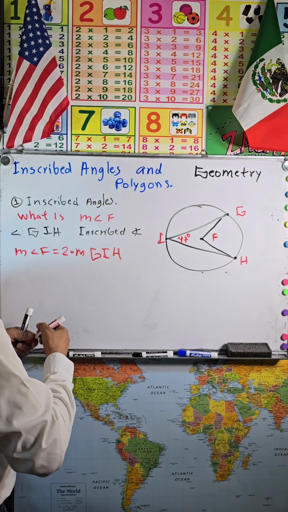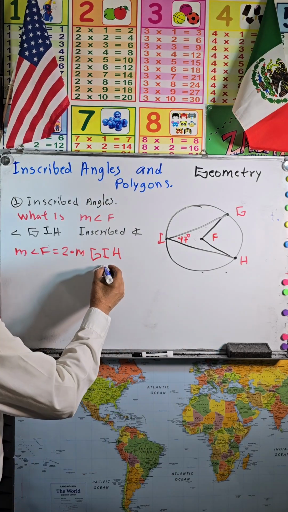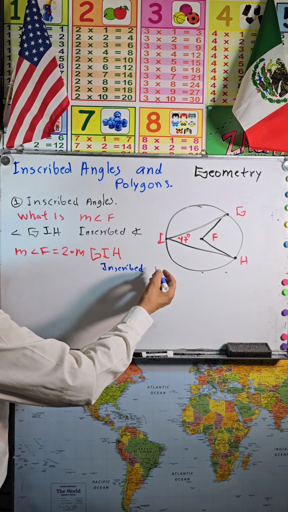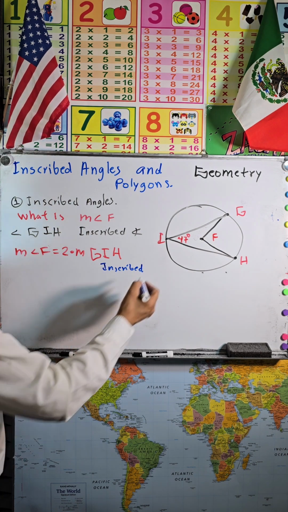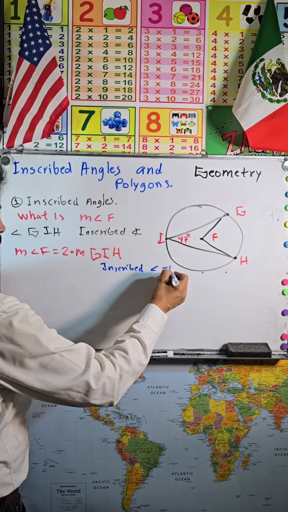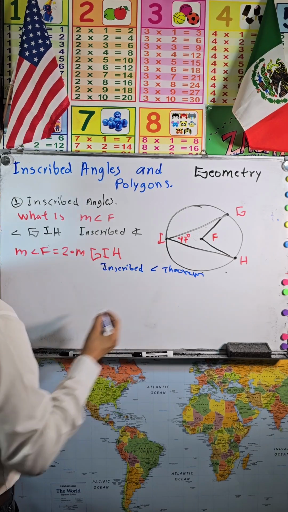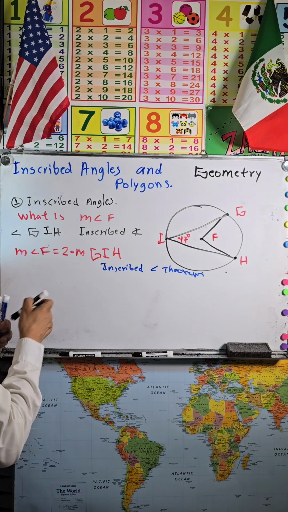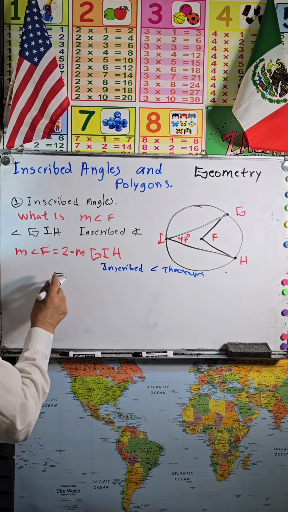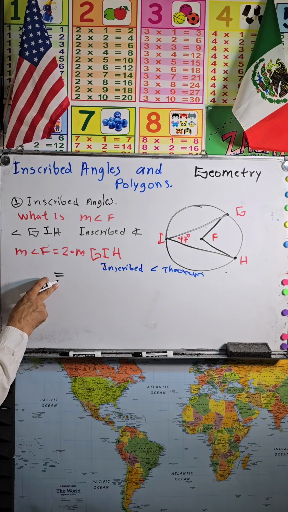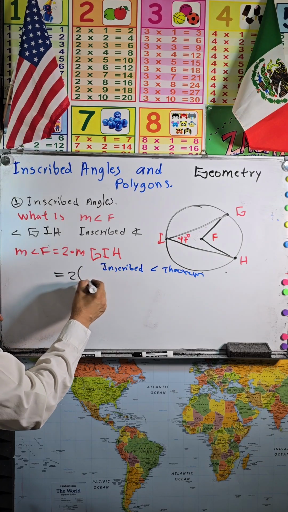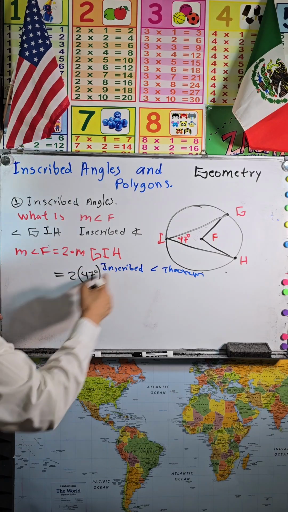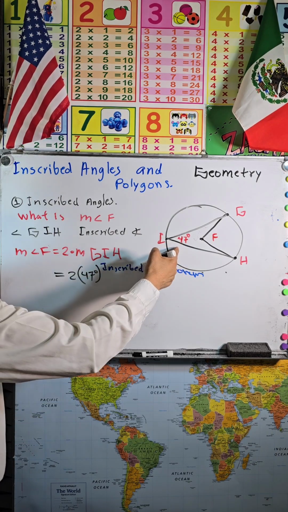This is the inscribed angle theorem. So this equals, simplify here, 2 times how much is here? 47 degrees. This is the value of this angle.